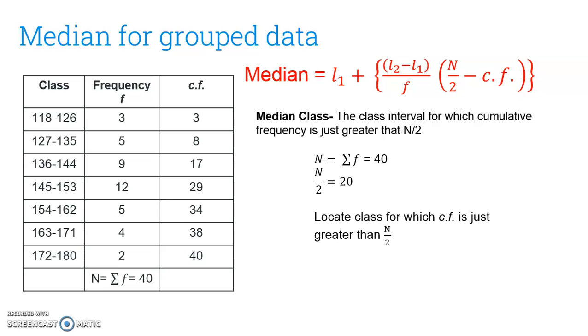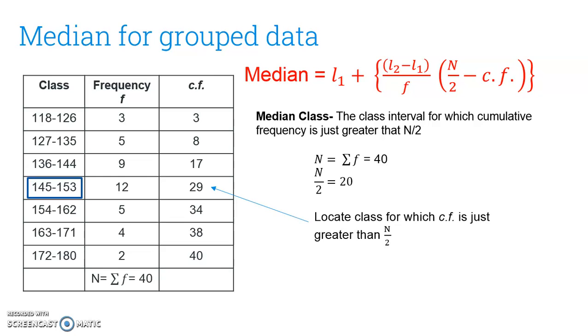Once we find n by 2, we are supposed to locate the class with cumulative frequency just greater than n by 2. So n by 2 here is 20. The cumulative frequency which is just greater than 20 is 29. So the corresponding class interval is 145 to 153.